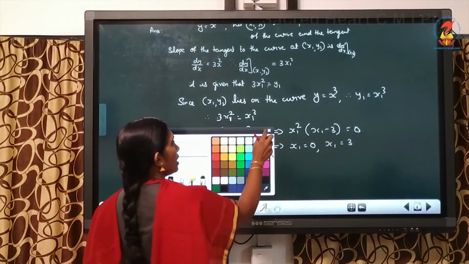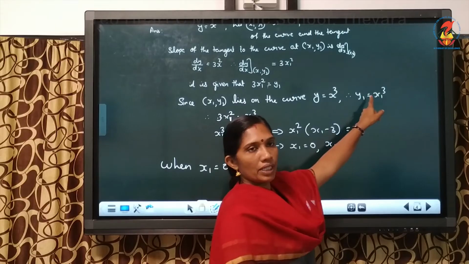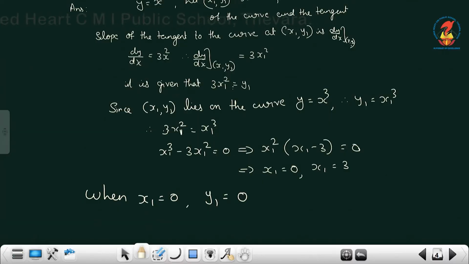So when x1 is equal to 0, what is y1? Where can we substitute? y1 is equal to x1 cube. So y1 is also 0. Now when x1 is equal to 3, what is y1? 3 cube, that is equal to 27.